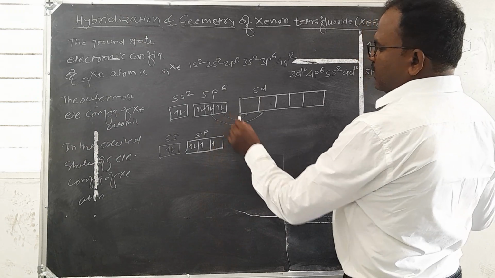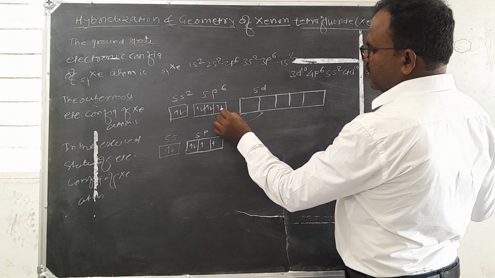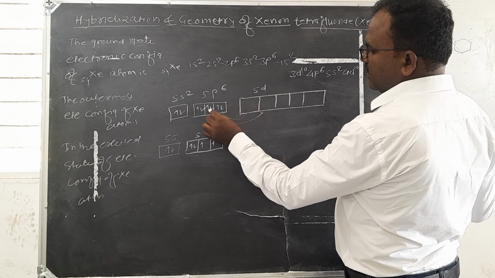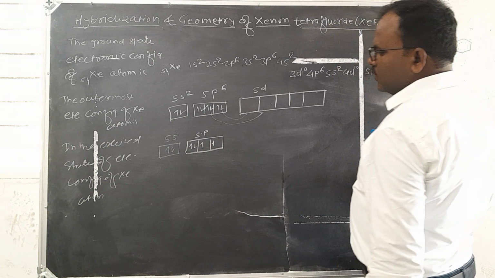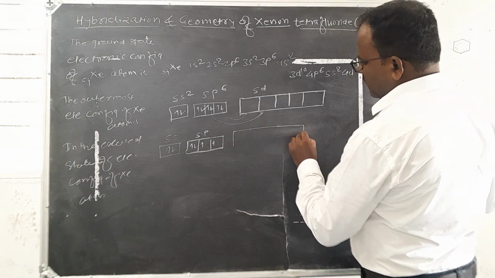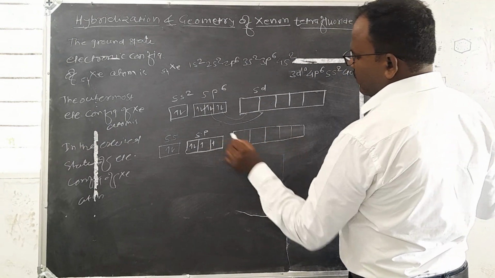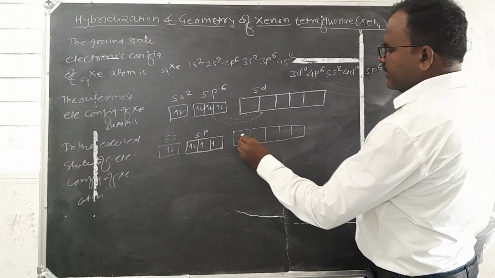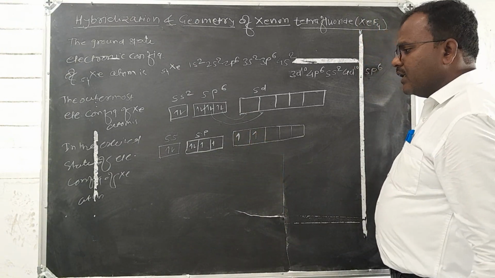And what happened in the excited state? One of the electrons present in the p orbital transfers to the d orbital, and another electron transfers to the d orbital. Here 2 unpaired electrons are formed in the p orbitals, and 2 unpaired electrons are present in the d orbitals.